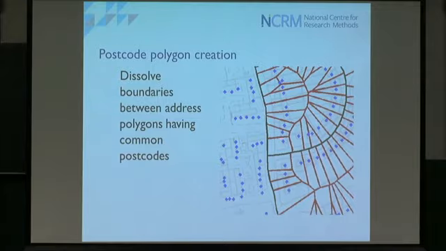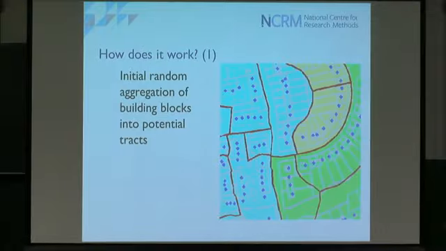So these were our addresses, and then these were our postcode blocks. Our first initial random aggregation of the building blocks into a potential solution arrives at this setup where we've got our blue blocks which have all been combined to form one solution.